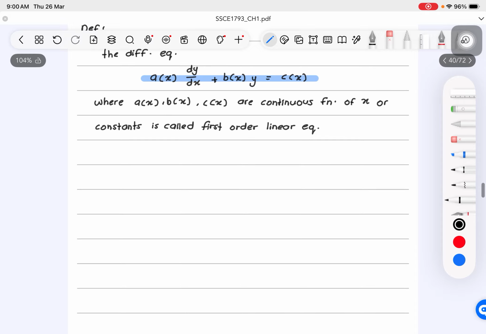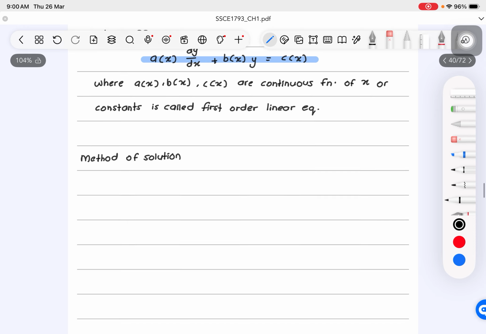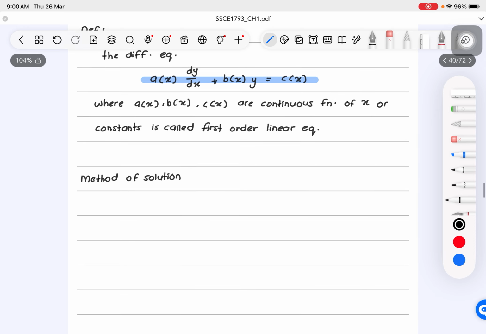So let's see the method of solution. We have the general equation.